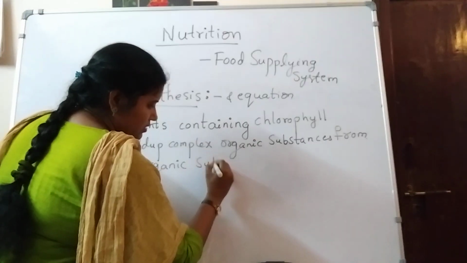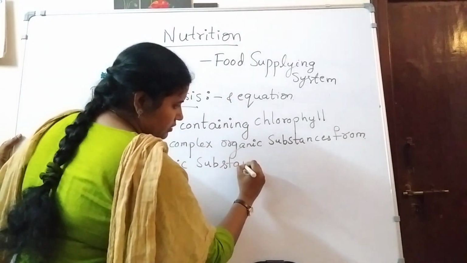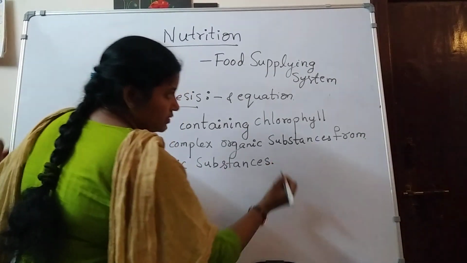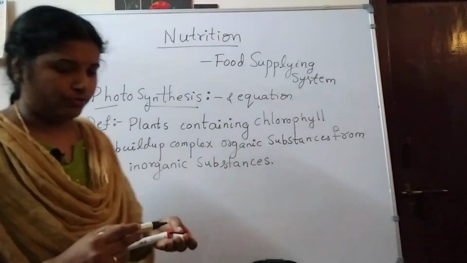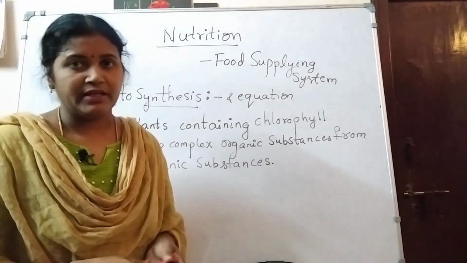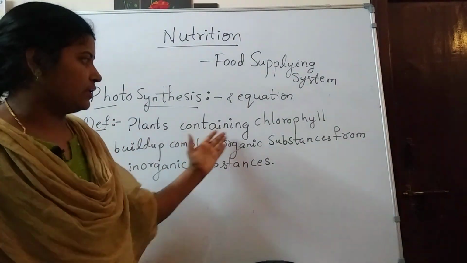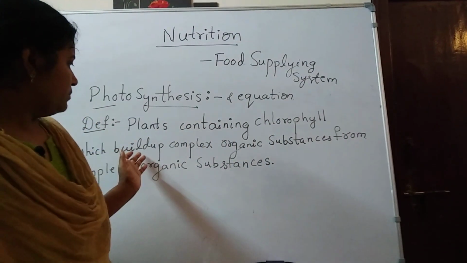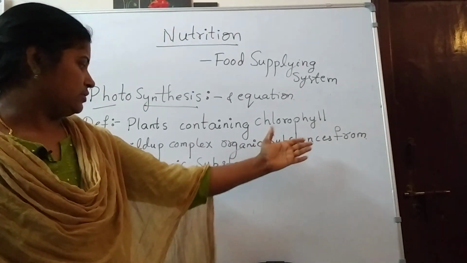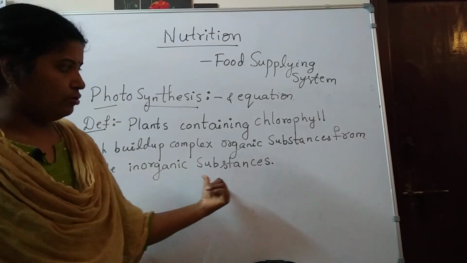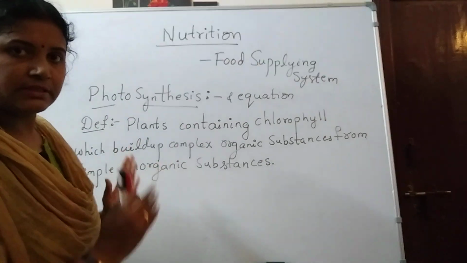Okay, simple inorganic substances. This is the basic equation of photosynthesis, right? So basic photosynthesis definition means plants containing chlorophyll which build up complex organic substances from simple inorganic substances. So this is the definition.